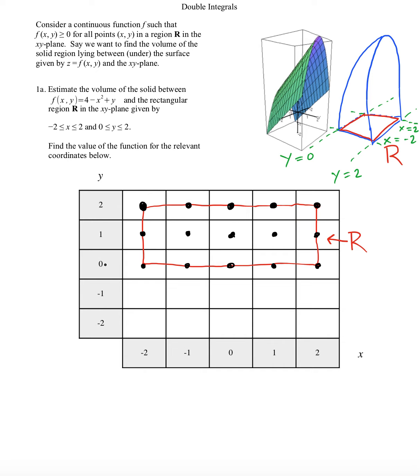So I'll start off with the coordinates of 0, 0. And I'm just going to plug into the formula 4 minus x squared plus y. So that is clearly going to be 4.